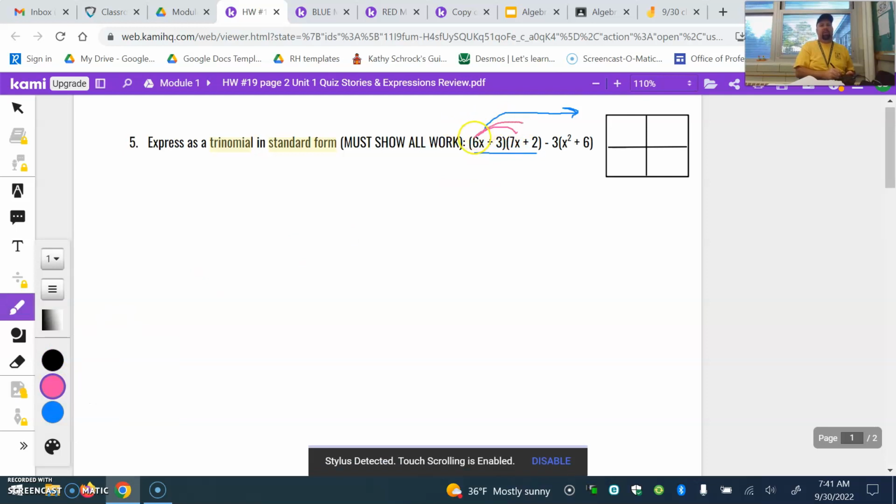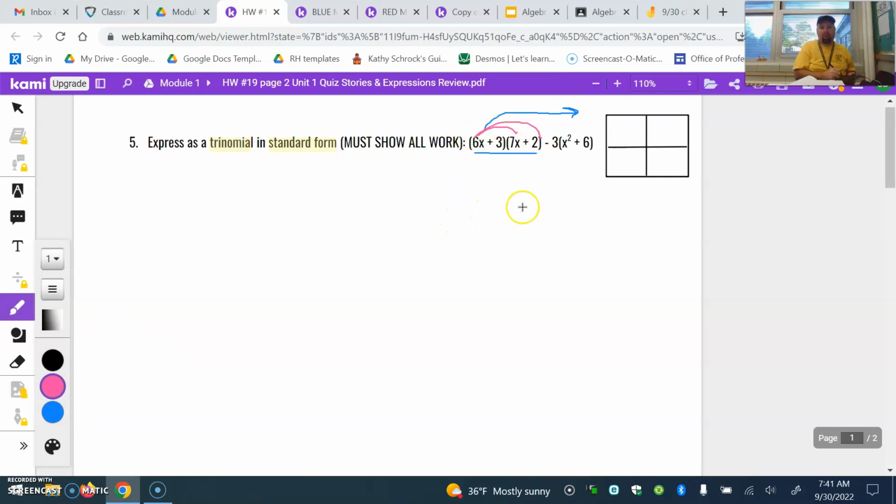So first distribute 6x to both 7x and 2. I'm not going to distribute the 6x all the way across. These parentheses are together. Then they're separated by that subtraction sign. That means you don't continue distributing through the rest of the polynomial. So 6x times 7x is 42x squared. 6x times 2 is 12x.